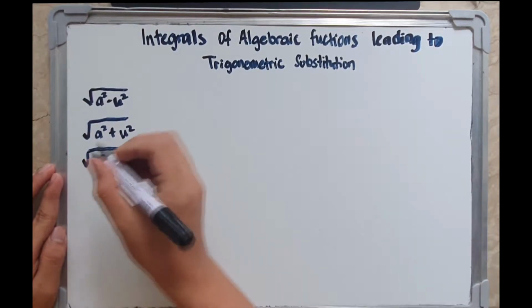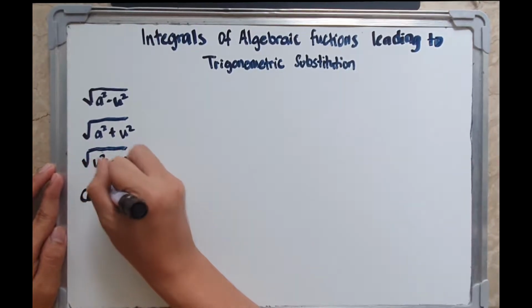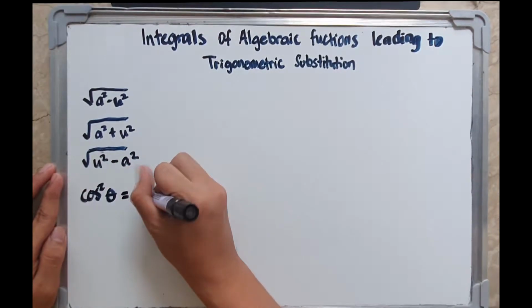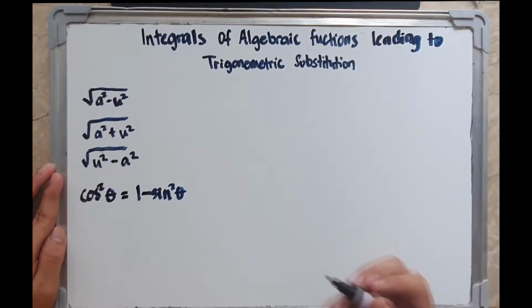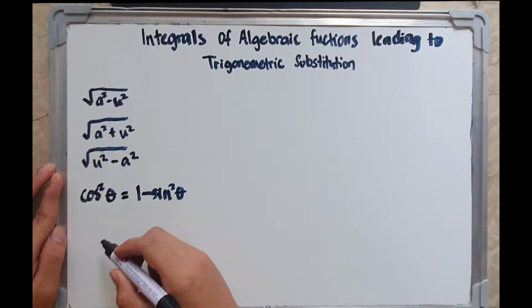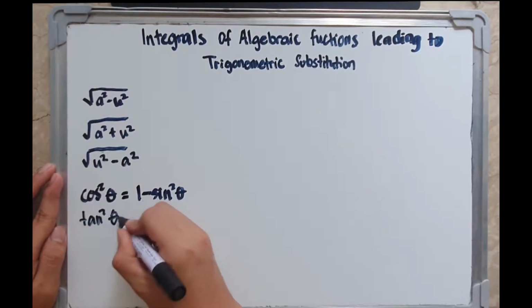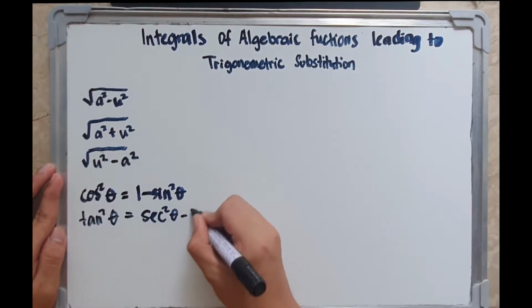First, let's have the value for cosine squared. The cosine squared theta, that is equivalent to 1 minus sine squared theta. Okay. Next, we have the tangent. The tangent squared theta, that is equivalent to secant squared theta minus 1.